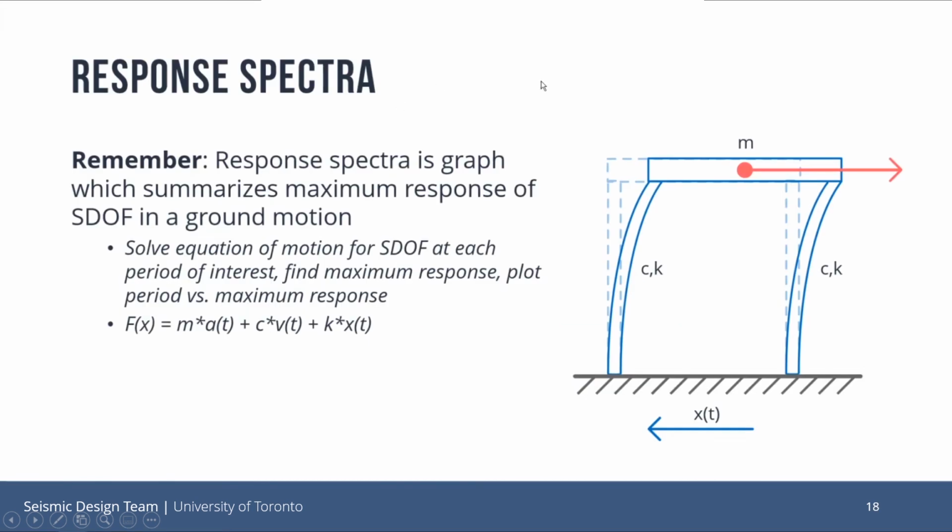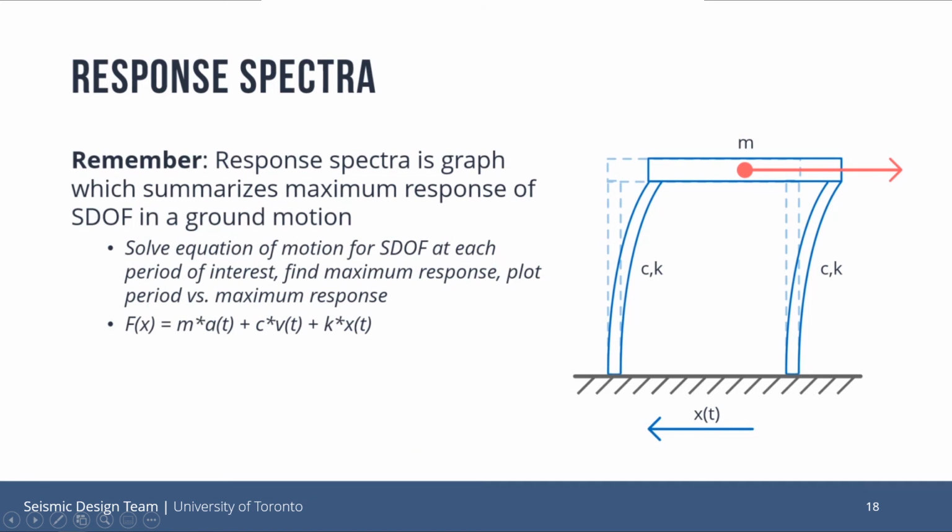So a little reminder about response spectrum. If we go back to this idea of turning a tower into single degree of freedom systems, we analyze each of those single degree of freedom systems with respect to one ground motion. What analyzing means is for each point in time that we care about, we'll solve this equation at the bottom here: force is equal to mass times acceleration plus damping times velocity plus stiffness times displacement.